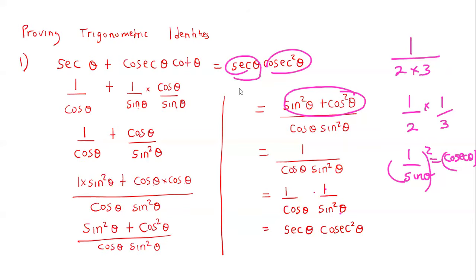Now, what is the difference between the two? The difference between an identity, if you take it from the mathematics angle, an identity is the statement that shows equality, that those two things are equal, that something is true for all different values.